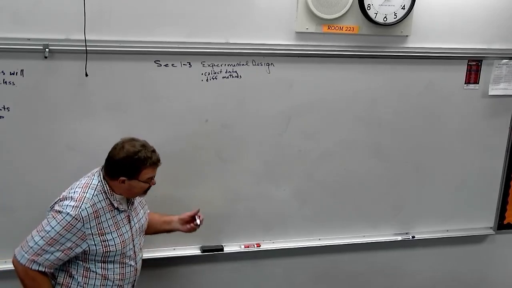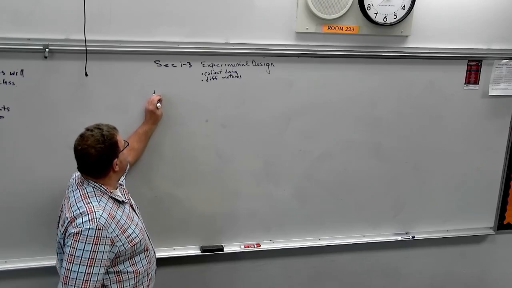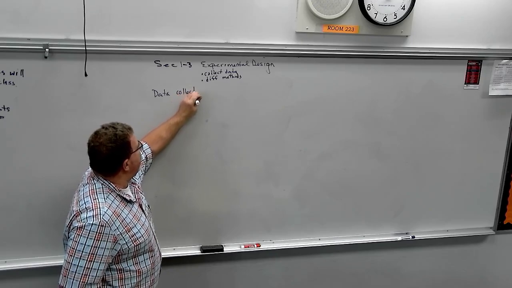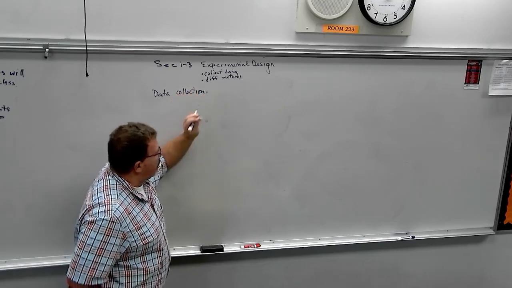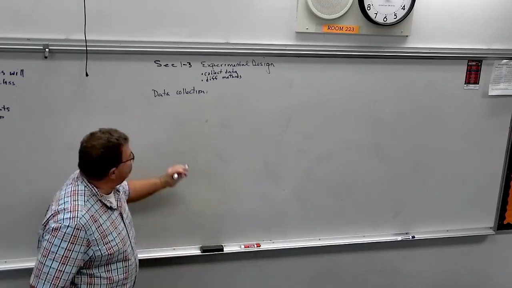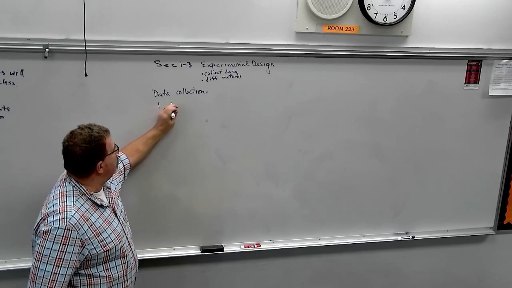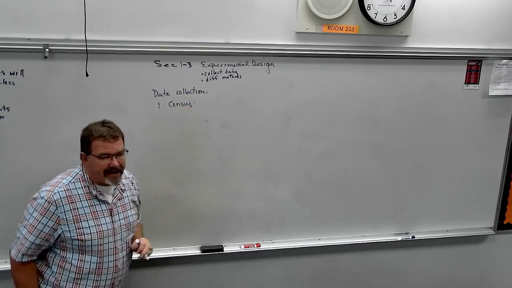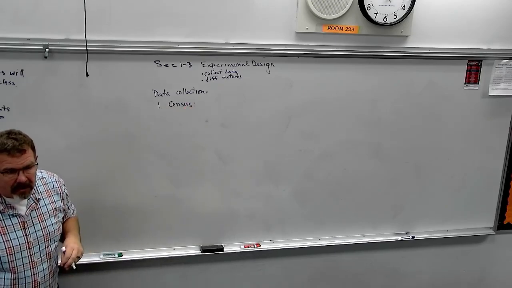Okay? So the first thing that we're going to talk about is data collection. There are 4 of them. 2 of them you already know. A census. What's a census again?